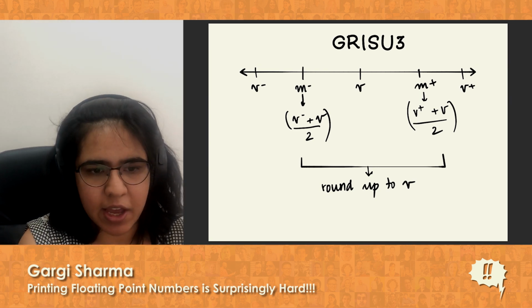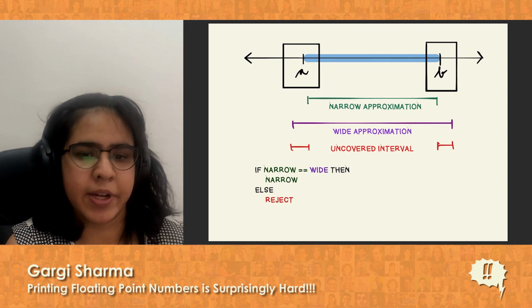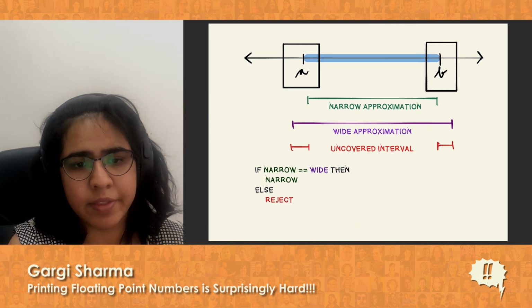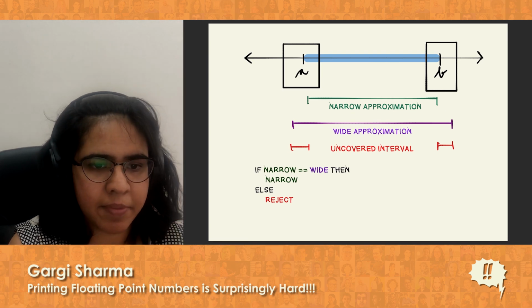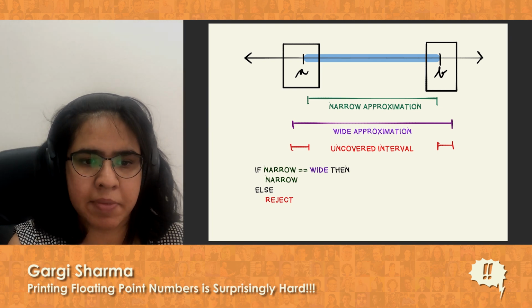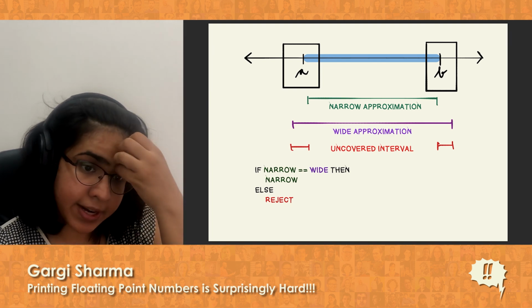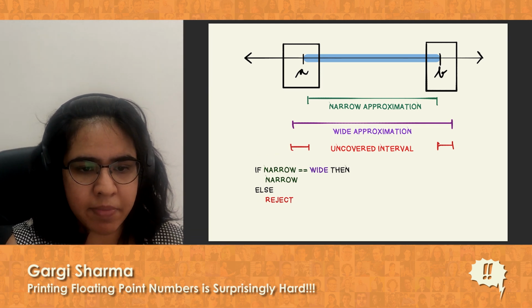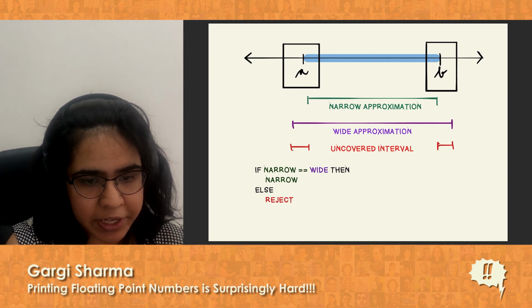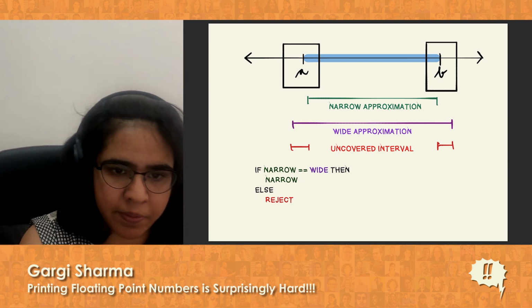So Grisu has again a similar idea, where you have v, and then you have the previous number, which is v minus on the floating point, and v plus, which is the next number on the number line, and you have m plus and m minus, which is the range in which all the numbers round to v.